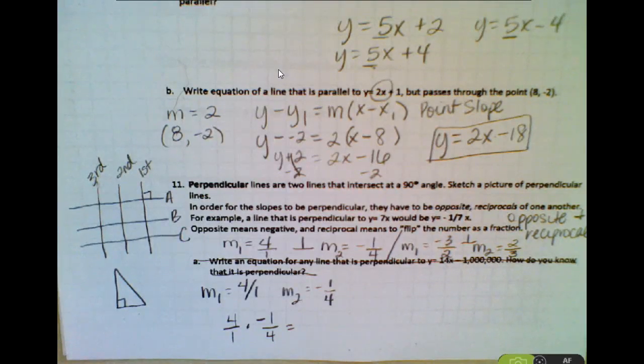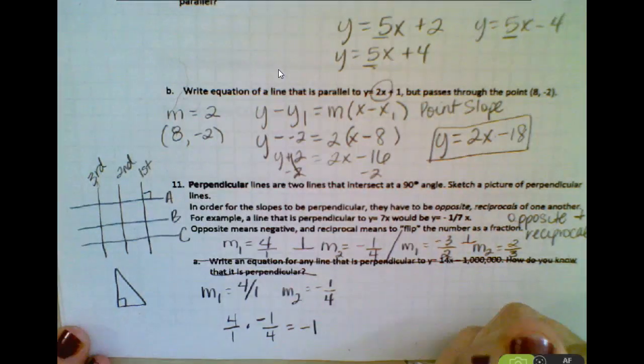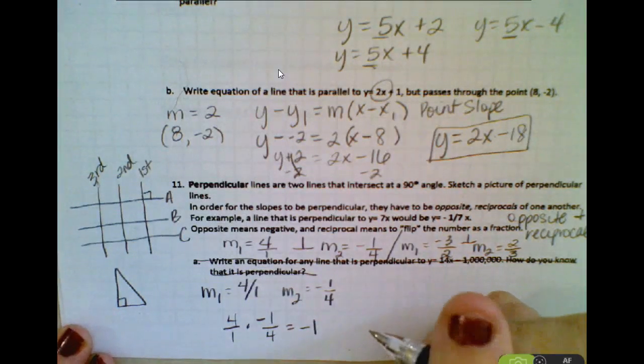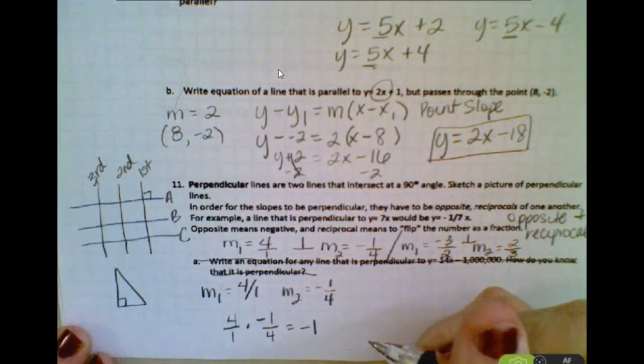John, what'd you get? Negative 1. Blue, what'd you get? Got it. Andrew, what'd you get? Negative 1. When you multiply the slopes of perpendicular lines, you should always get negative 1.